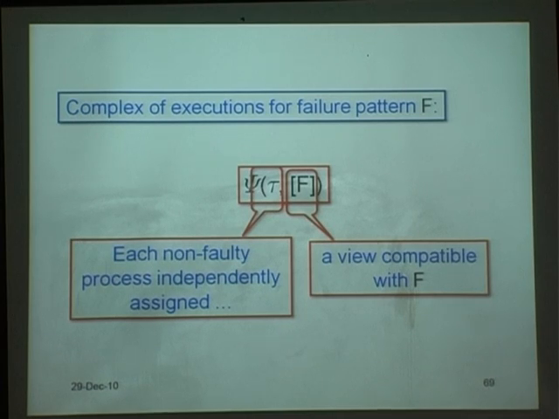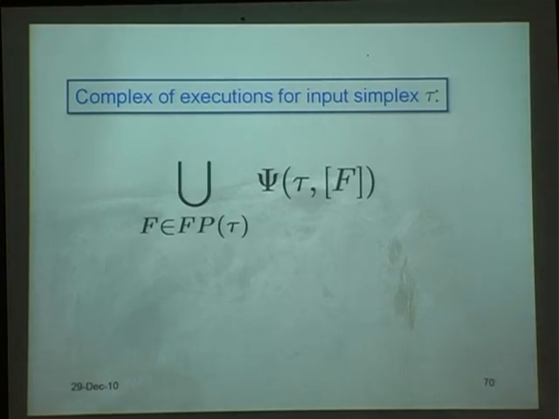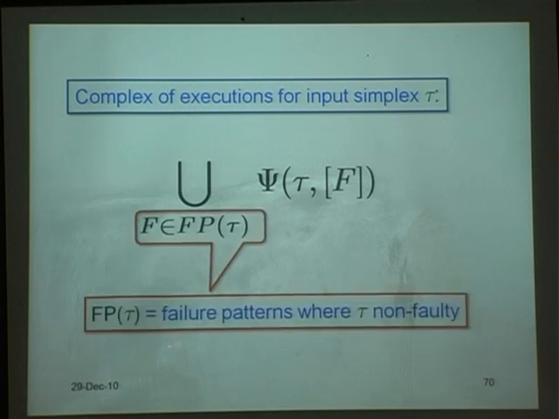And these are all assigned independently, so it's a pseudosphere. So what we get is, again, the union of pseudospheres, because we look at all the failure patterns where tau is non-faulty. So we fix a set of non-faulty processes. We look at all the failure patterns that don't fail any of those processes. And then for each one of those, we look at all the views that are compatible with that.